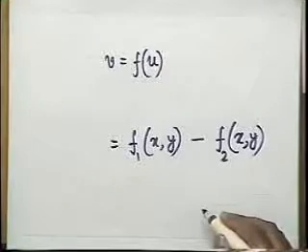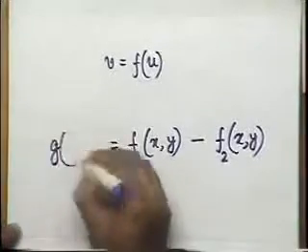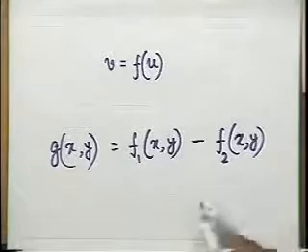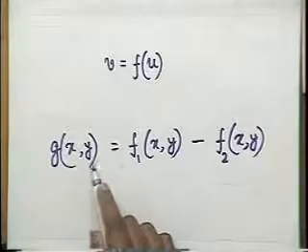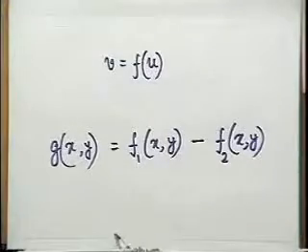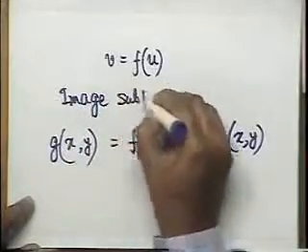An image which is a simple point by point difference of two images, and as a result of that, obviously a new image results. So the output image that we get in the process, let me call it G of xy. So the output image is having intensity G, defined at the point xy, and which is equal to the difference of two images, f1 and f2. So this is an image subtraction. This is called image subtraction.